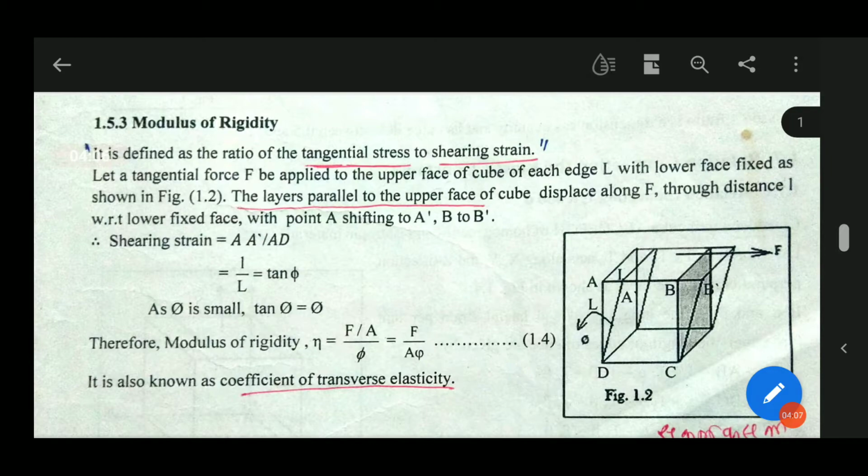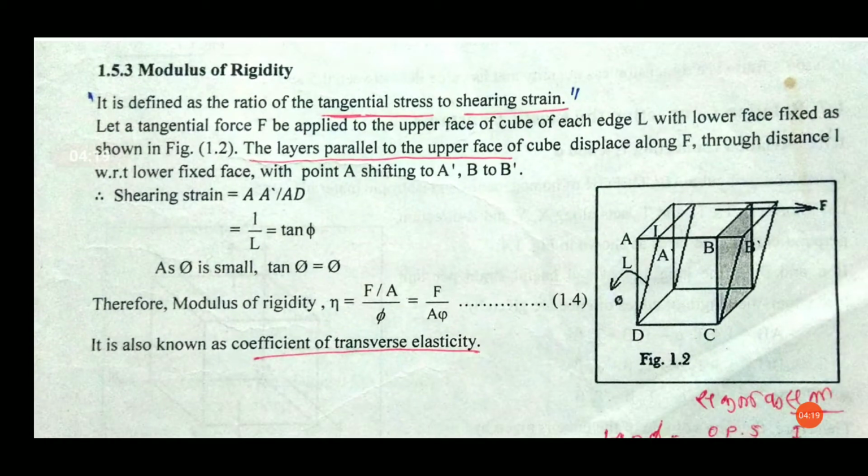So we get tan phi equal to the opposite side, that is small l, and the adjacent side is L. So it is small l upon capital L. It is the tan phi. This occurs in the right angle triangle. As phi is small, tan phi is equal to phi.